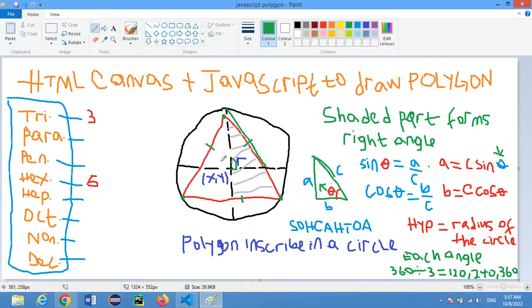To get the next angle, we add this together, which gives us 240. To get the next one, add 120 to this, it gives you 360. Now let's go into coding to see how we can generate our triangle.